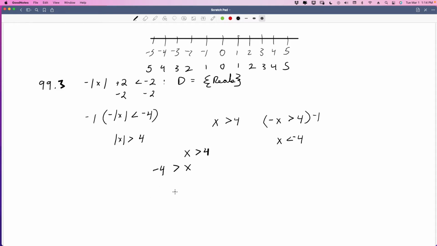But x is greater than positive 4. So that's going to be kind of hard to do. Negative 4 is greater than x, and x is greater than positive 4.